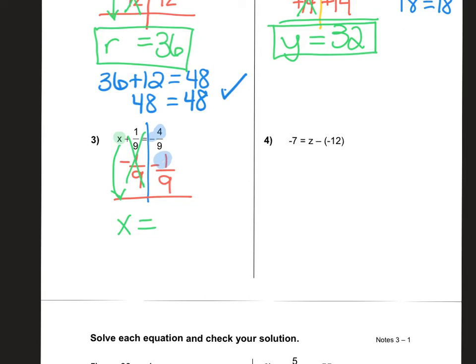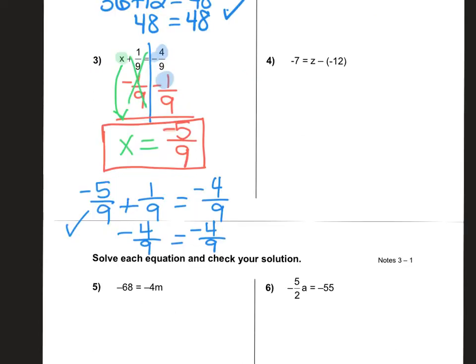So we've got negative 4 minus 1 is negative 5 ninths. Negative 5 ninths. You can see that I went ahead and checked that by plugging in negative 5 ninths for x. And it is indeed equal on both sides of the equation.